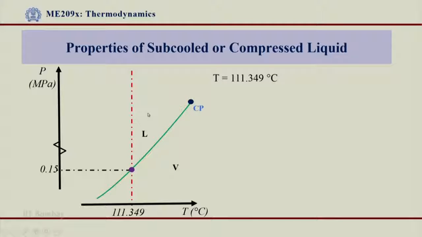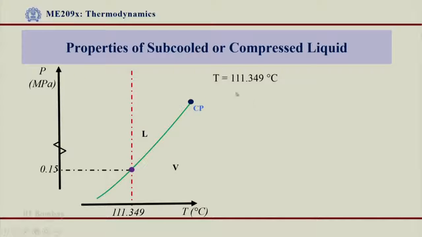Now, what I am going to do is compress this liquid further and further and see the effect of increased pressure. I can go from 0.15 to 0.2 to 0.3 to 1, 2, 3, 4 and go even beyond critical pressure, just to understand what happens to the properties of this compressed or subcooled liquid, how they change.